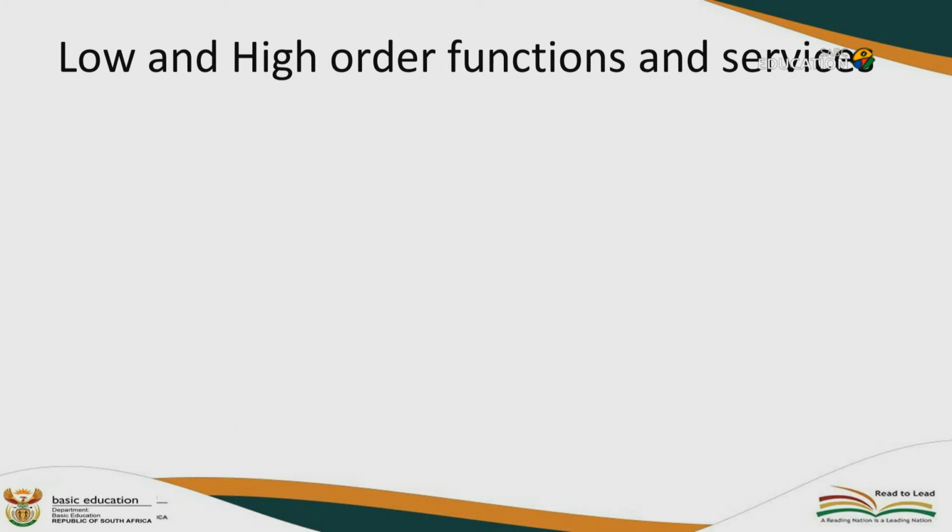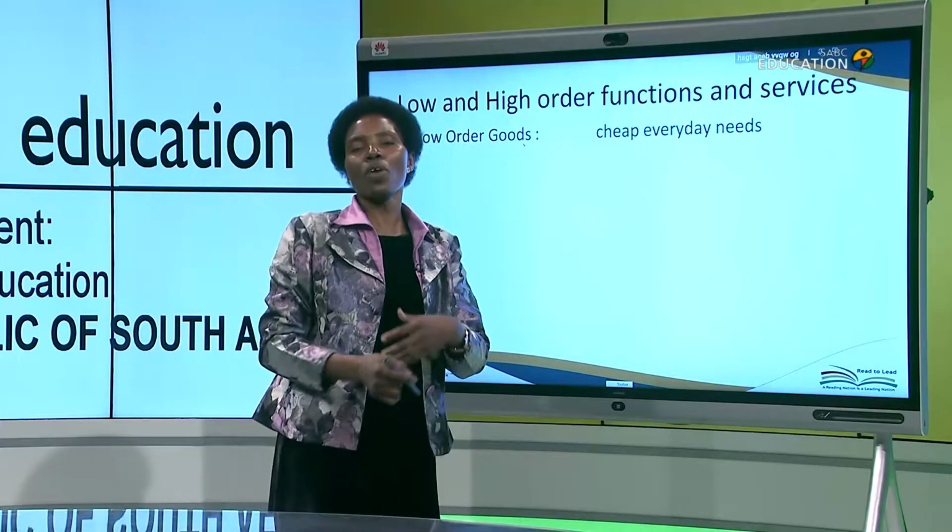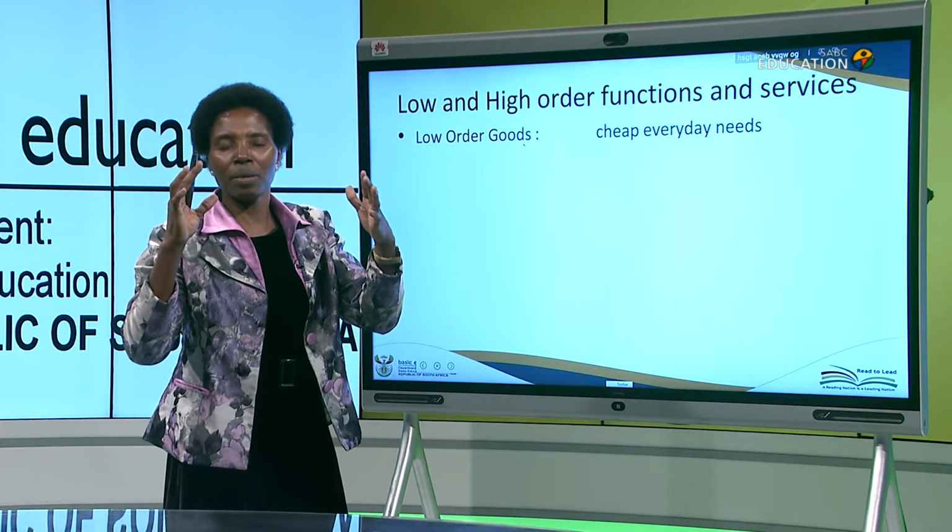Okay, there are low order and high order functions or services. What do we mean by that? Okay, when we talk about low order goods, these are the things that we usually need each and every day when we are at home.